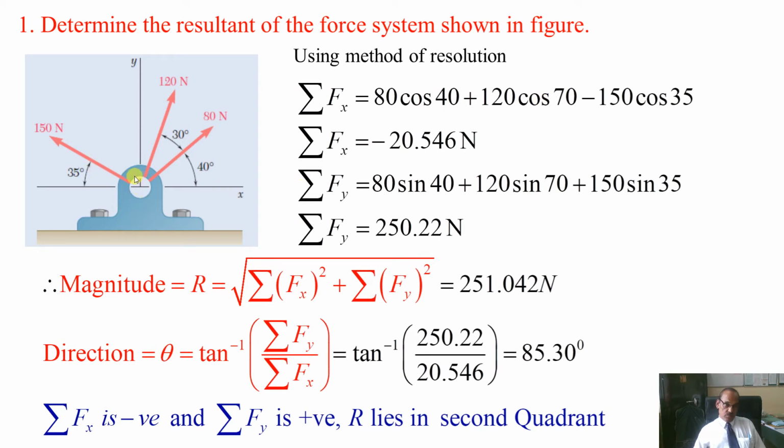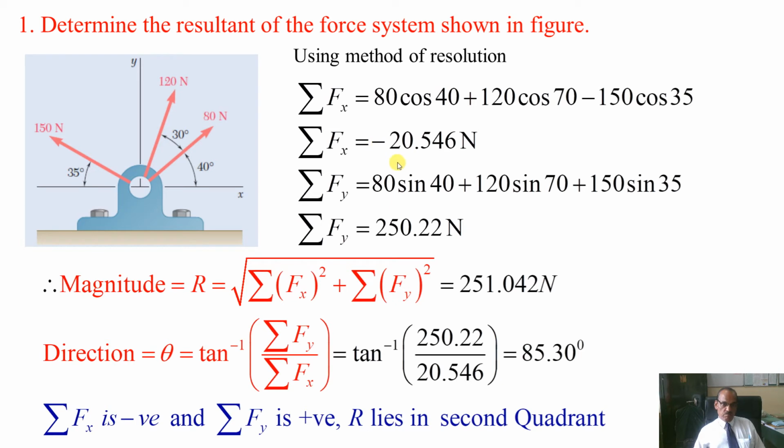And this force is along the negative x-axis, so the x component will be acting away along the x-axis like this, and that's why 150 cos 35, but the component will be negative because it is acting to the left.